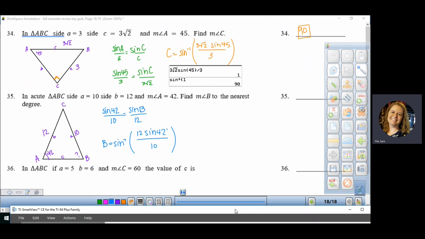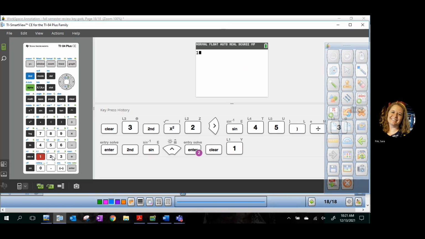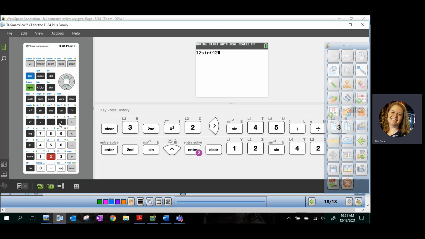I already forgot my numbers. 12, 42, 10. 12 sine of 42 over 10. Make sure you're closing that parenthesis there.